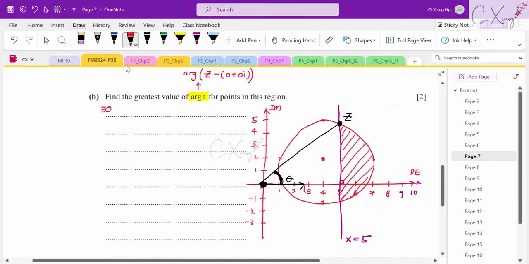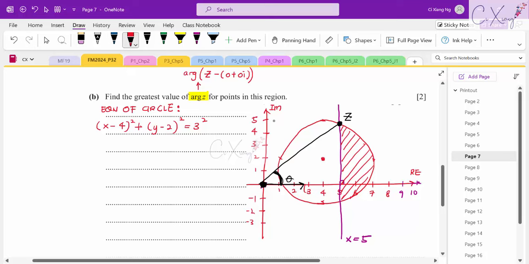The equation of a circle, we learned this in AS before, right? (x minus the x-coordinate of the center) squared plus (y minus the y-coordinate of the center) squared equals radius squared.